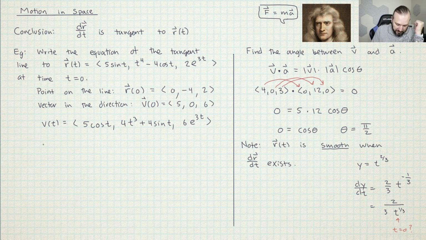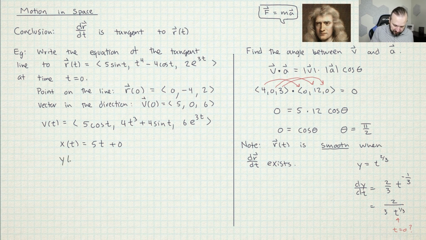So now I'm basically just using that the equation of a line is just the vector times time plus the initial position. So let's do it. We've got our answer here. x of t is going to be 5t plus 0. This is where, if you're trying to follow the pieces, this is where they go.